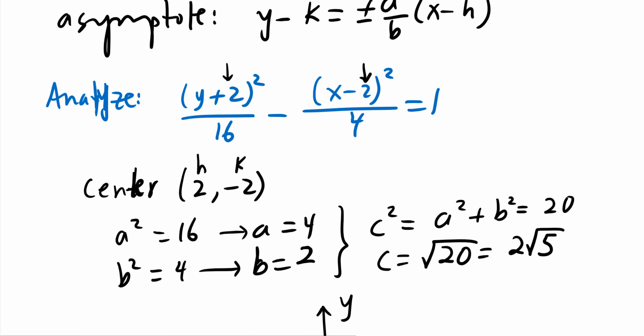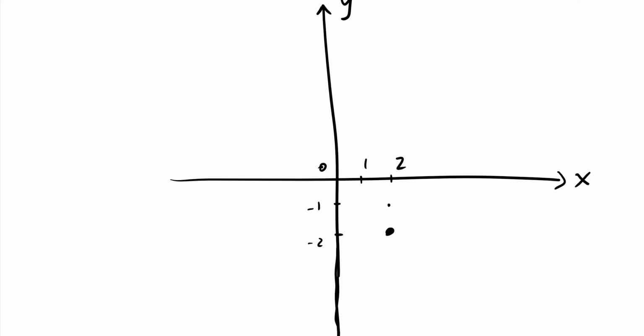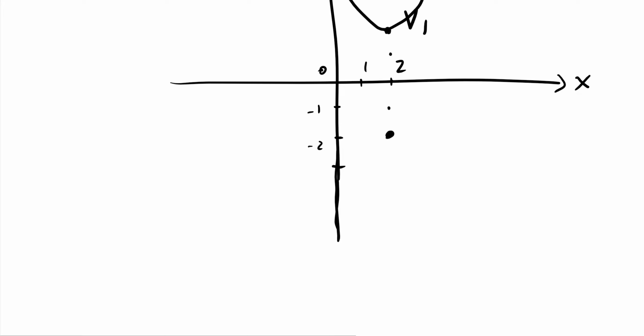It starts with y. Do you see? It starts with y, so it's going to open up and down. A is 4, so you go from here 4 units up: 1, 2, 3, 4. That's the first vertex. So the hyperbola is going to go like this. Next one, down: negative 3, negative 4, negative 5, negative 6.